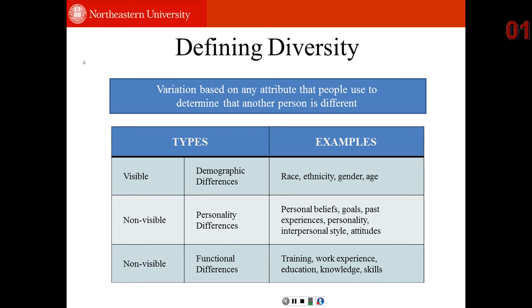So when we're looking at visible differences, we're looking at race, ethnicity, gender, and age, where non-visible could be personal beliefs, someone's goals, someone's personality, someone's attitudes. Non-visible can also be functional differences such as work experience and education.